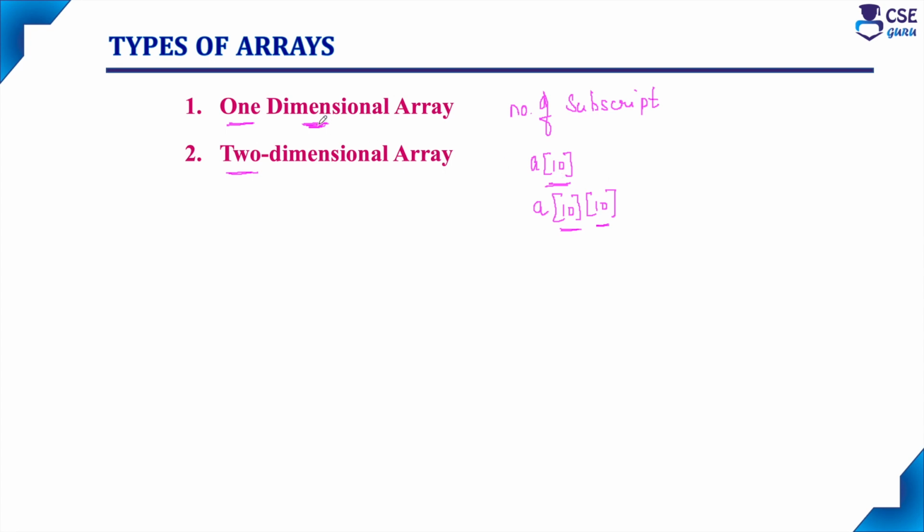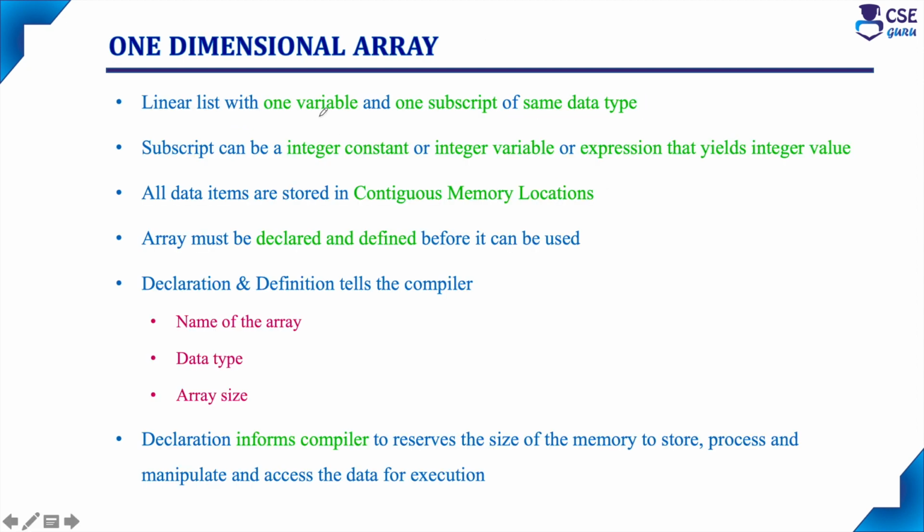So first we will discuss one-dimensional array declaration and initialization. A one-dimensional array is a linear list with one variable and one subscript of same data type. We already know array elements will be of same data type and will be stored in sequential memory locations.